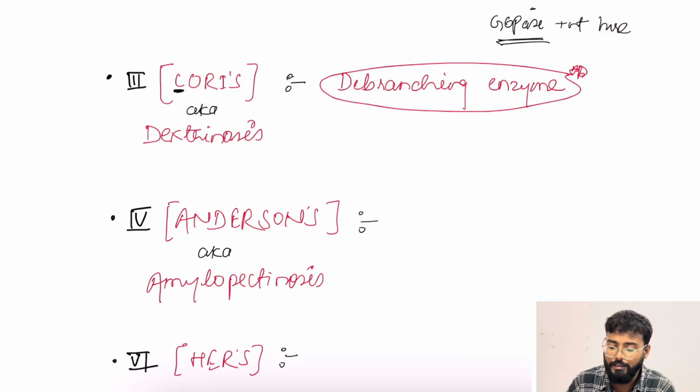Similarly, amylopectin is also an abnormal form of glycogen, which is in your fourth type of liver GST, Andersen's disease. And the enzyme defective here is your branching enzyme.